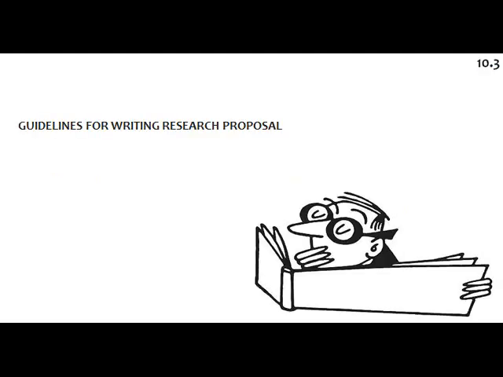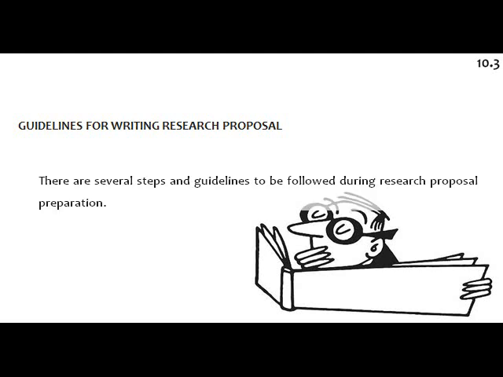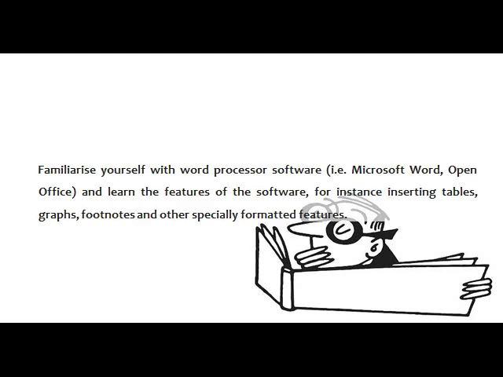Guidelines for writing a research proposal. There are several steps and guidelines to be followed during research proposal preparation. Familiarize yourself with word processor software, for example Microsoft Word, OpenOffice, and learn the features of the software, for instance inserting tables, graphs, footnotes and other specially formatted features.